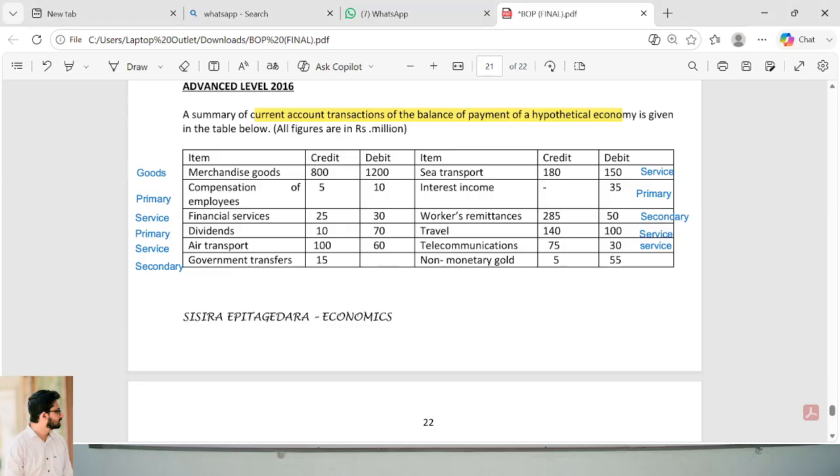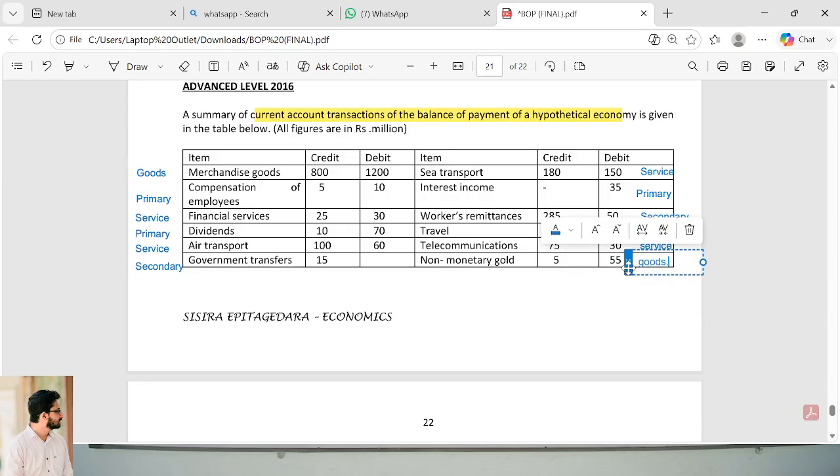I explained that part separately. These are separate items of the goods account, the trade in goods account, so it goes to the goods account.